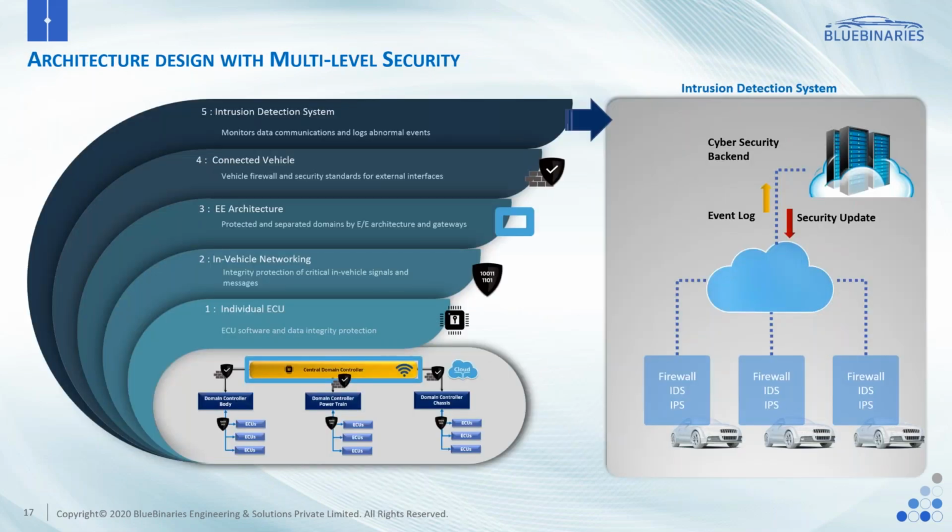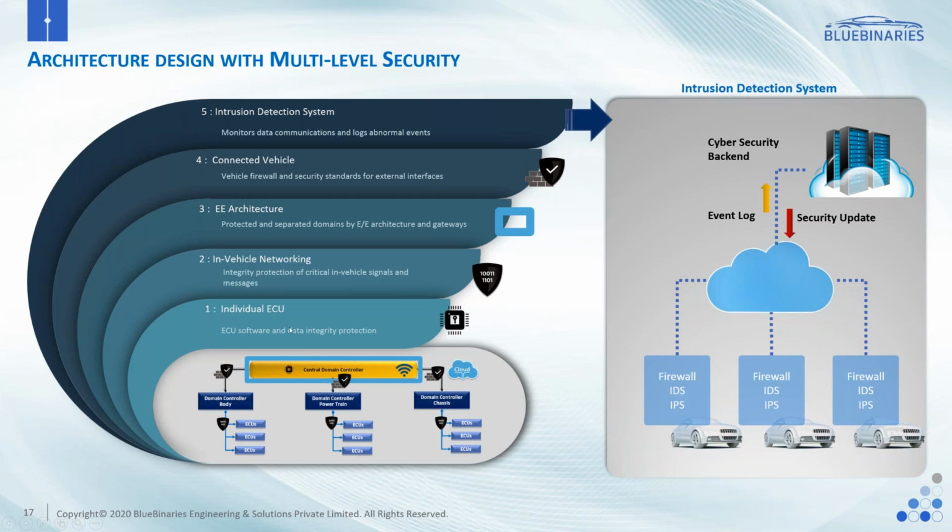I have listed a few security levels that you can introduce in the architecture. It need not be everything. You can have multi-level security, which will help your car or your network to be more secure.